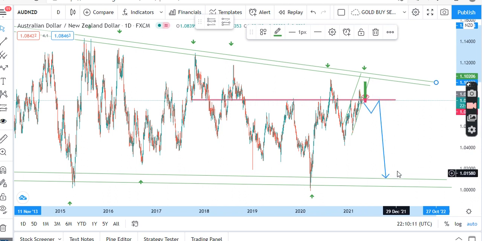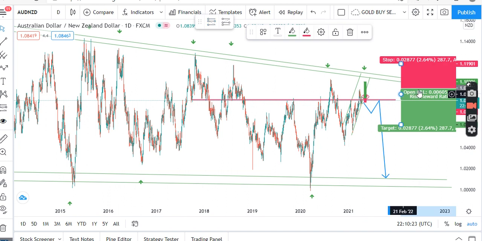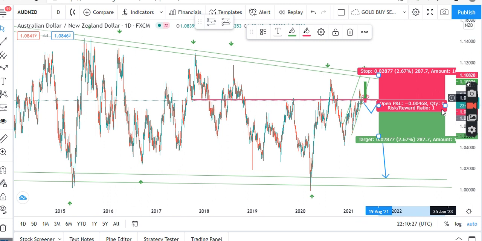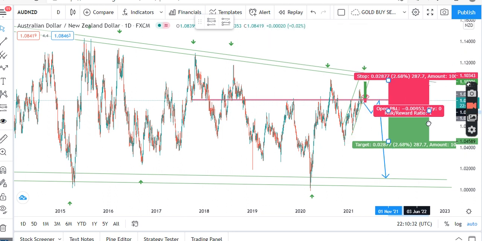If this happens, then and only then will I consider taking a short trade. I would only consider selling this if that happens.